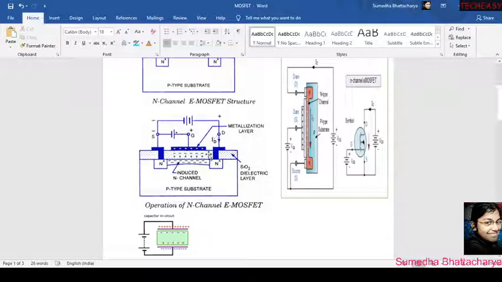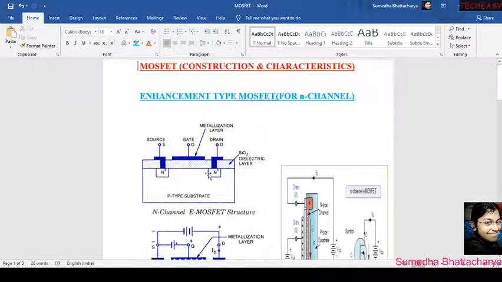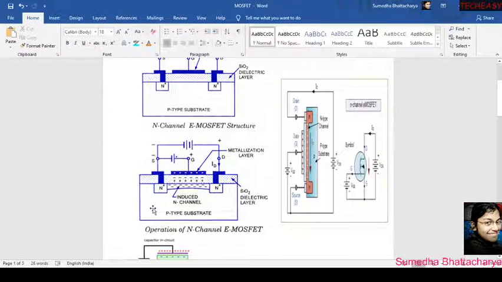The same thing is happening here. When we increase the VDS, the current will also increase and the current will flow from drain to source through this N channel. But remember, I have discussed the structure, and there will always be a depletion region because a reverse bias occurs when we connect the source to the ground voltage and the drain to the upper voltage.